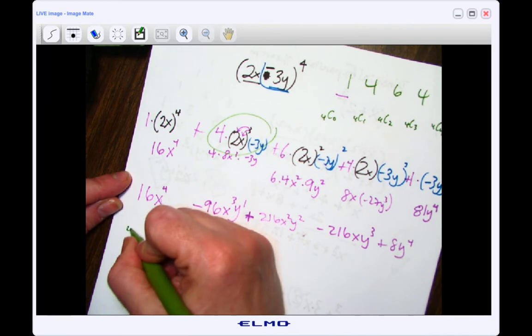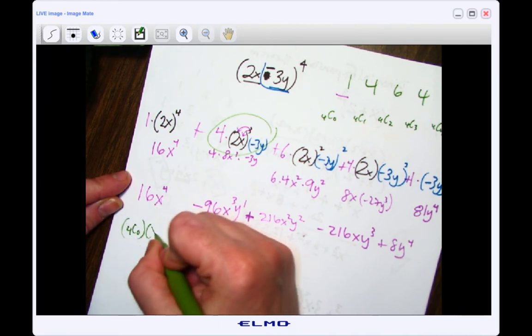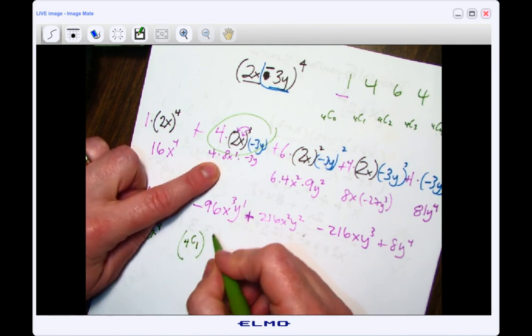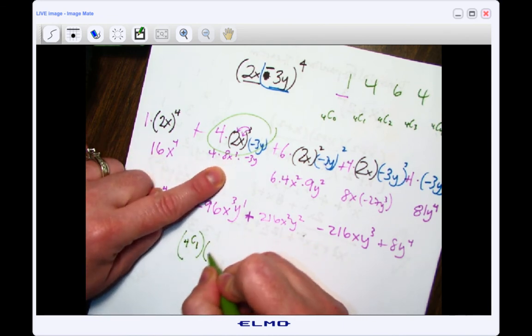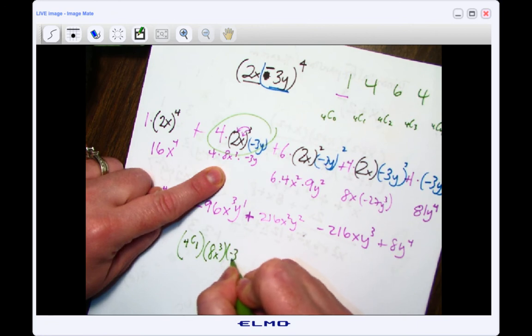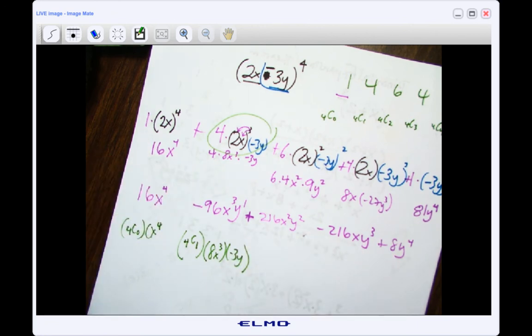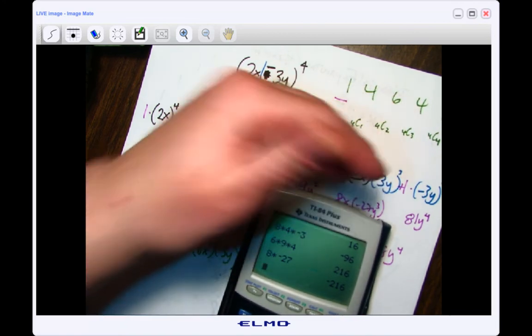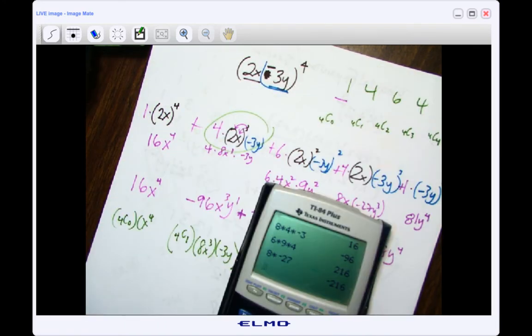So this would have been 4 choose 0 times your x to the 4th. This would have been 4 choose 1 times your 8x cubed times negative 3y. And you could actually literally type that into the calculator if you're so far down Pascal's triangle, or if you're too lazy to write it, or whatever it is. I just think these are hard to punch into the calculator to do a bunch of them.